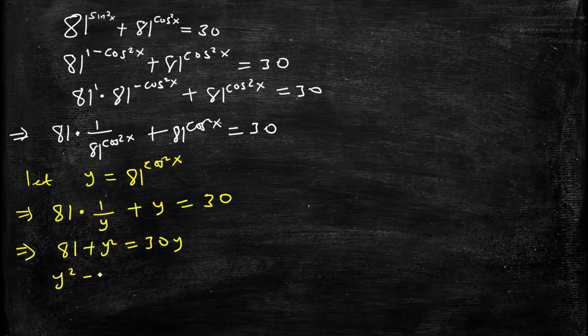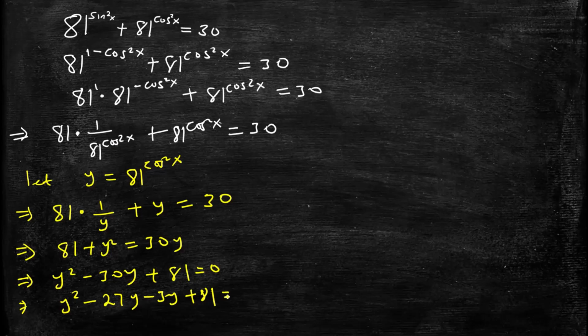Let's arrange it: y squared minus 30y plus 81 equals 0. So this one is a quadratic equation. Splitting the middle term: y squared minus 27y minus 3y plus 81.